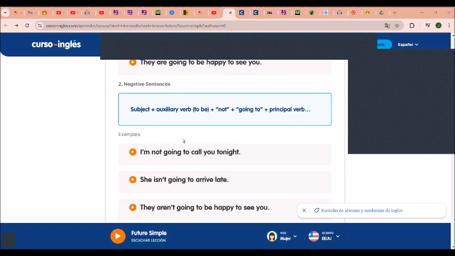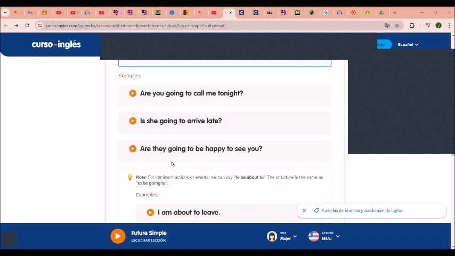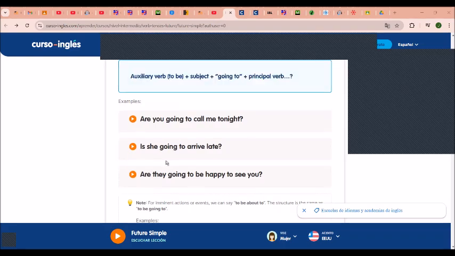Then you're going to plus your verb. Same thing for the question form. You can start with what, when, why, where, how, or which, but you're going to be following it with the verb to be. So are you going? Is he trying? Are they going? Right? All of these, then your verb. Call, arrive, be, see, have, etc.